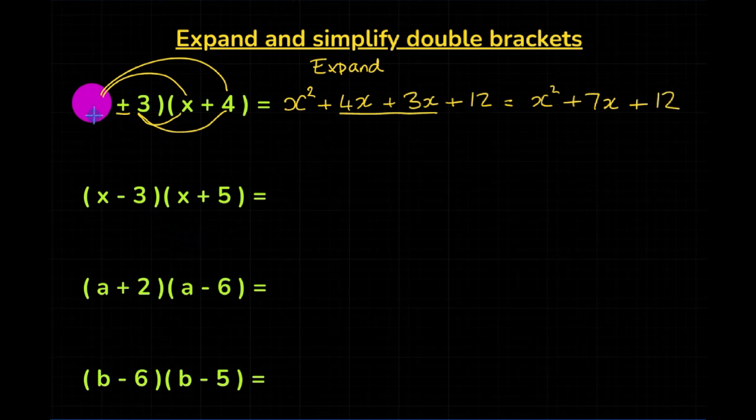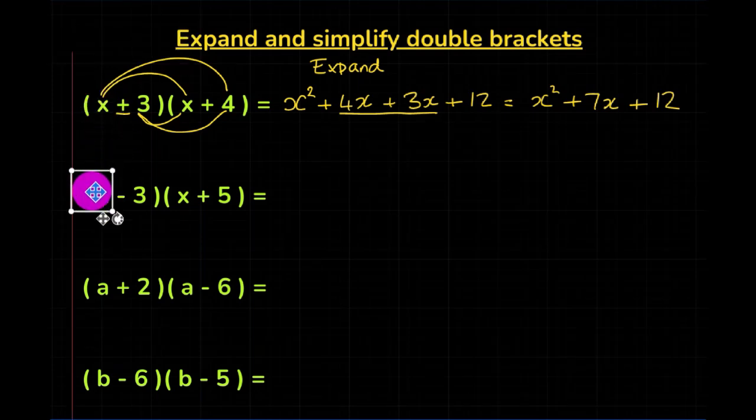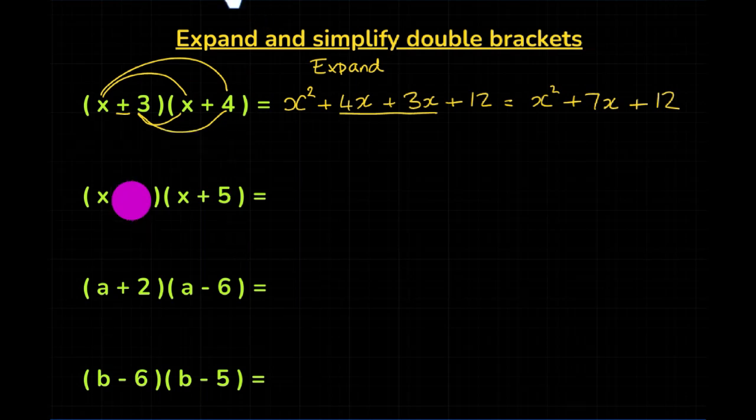So let's move on to the next one. I'm going to drag my finger, or your finger, onto the number, and I'm going to multiply the x by the x, and obviously I get x squared, then the x times the 5, so that's plus 5x.